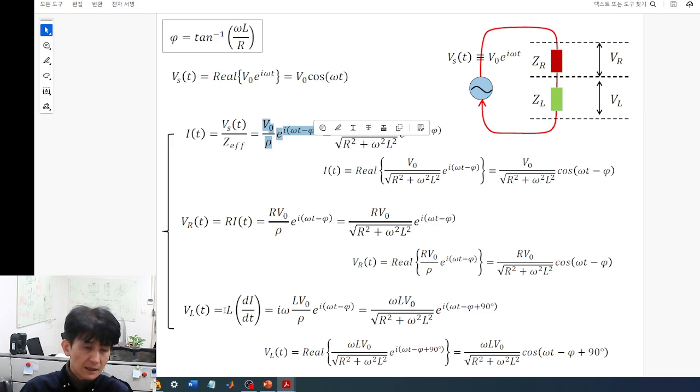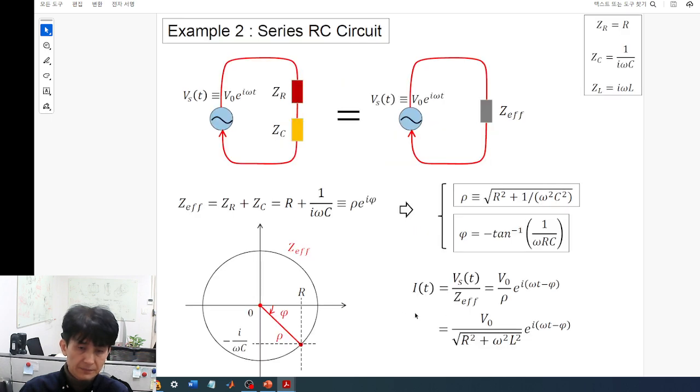So I think I should have written this instead of this. I should represent this as ZL times I. ZL is I omega L times the I. So that's the sequence you should follow to calculate VL.